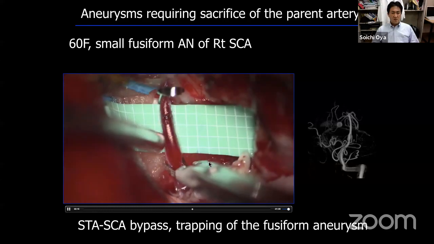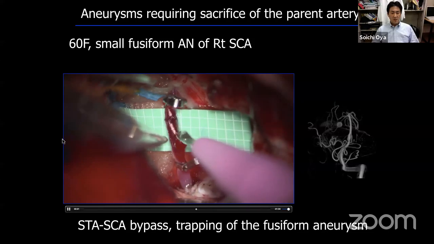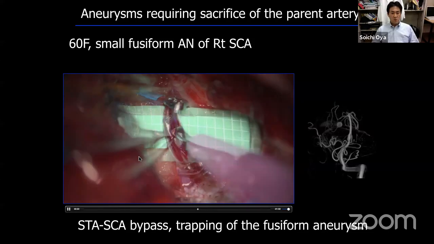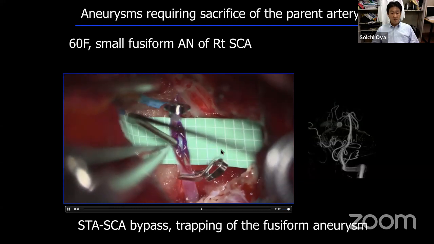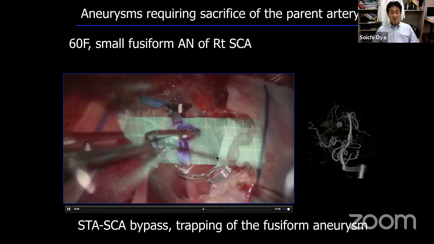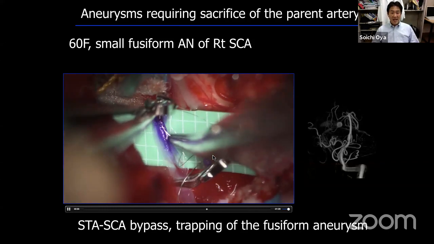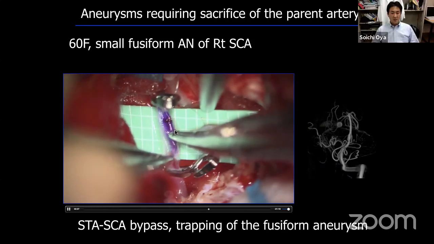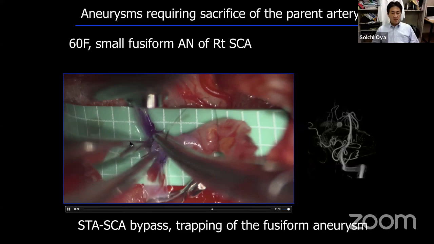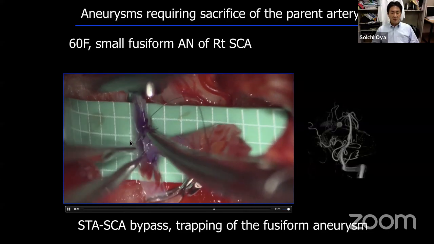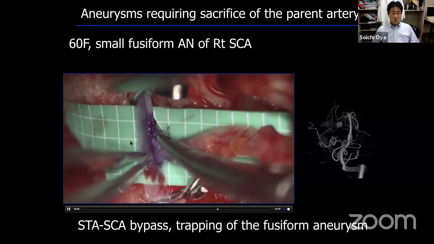By doing this, we can avoid too much retraction of the temporal lobe. And also, for this type of deep anastomosis, I think it would be an advantage if we can lay the donor artery from right or from left, like this, so that we can enhance the visualization of the site of the anastomosis.